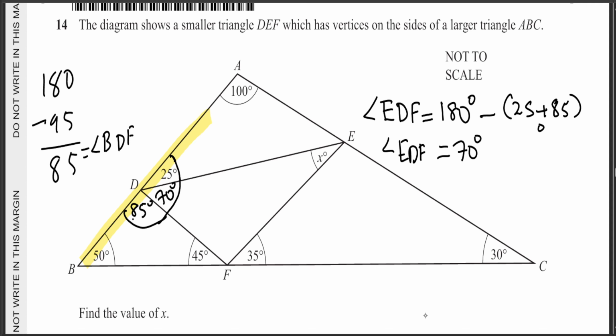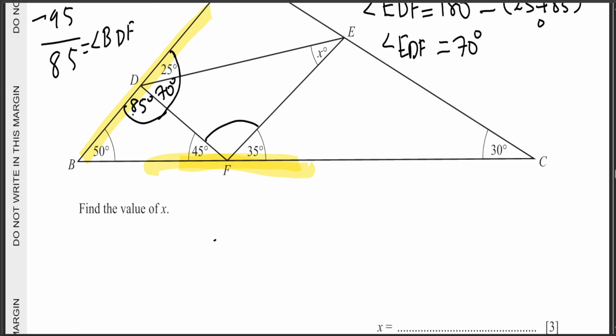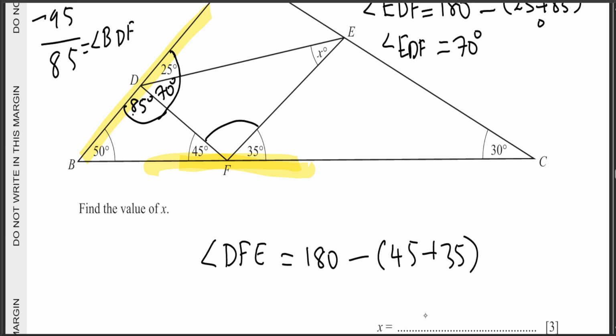So we know that angle here. Also, this angle which is here should add up to 180 because it's another straight line. So let's find out that one. If you want to get angle DFE, you take 180 minus the sum of those two angles, 45 plus 35. 45 plus 35 will not give you 90.